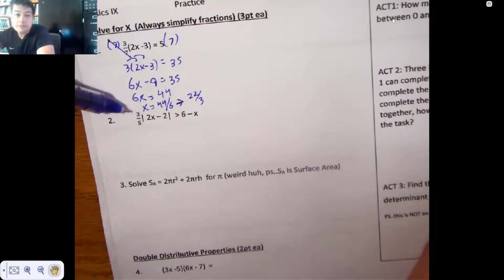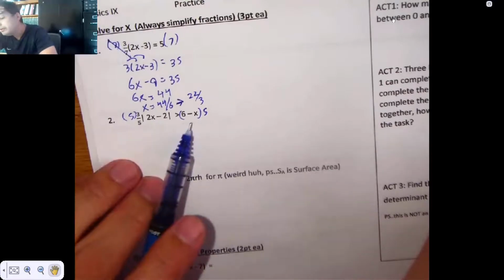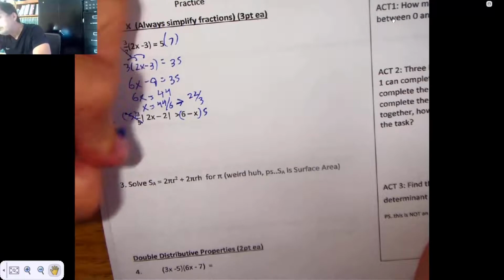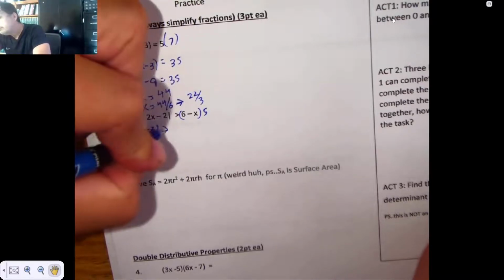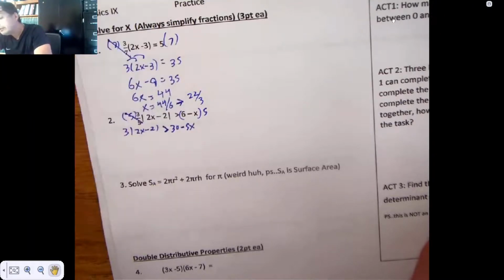All right, here's absolute value. We're going to isolate absolute value, write and solve 2 equations. First thing I'm going to do is I'm going to multiply by 5 on both sides. I do the parentheses to remind myself to distribute. Cancellation on the left, 3 absolute value of 2x minus 2, greater than 5 times 6 is 30, 5 times negative x, negative 5x.